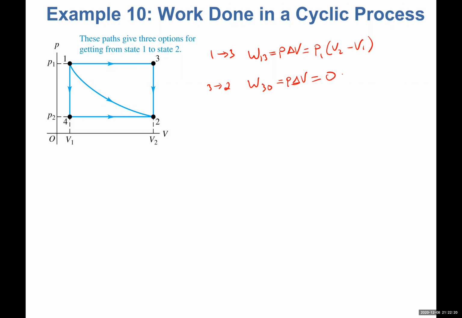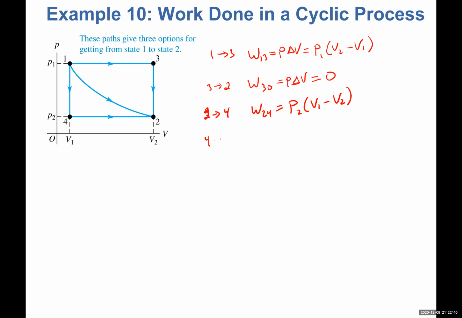Then we go from 2 to 4. Going from 2 to 4, the work done 2 to 4 is equal to pressure 2 times V1 minus V2.